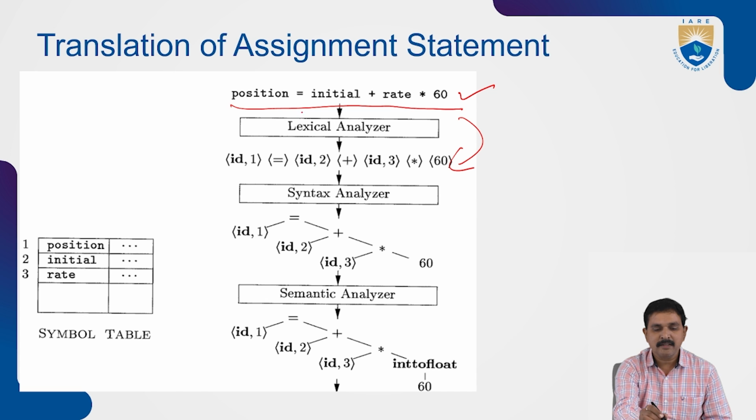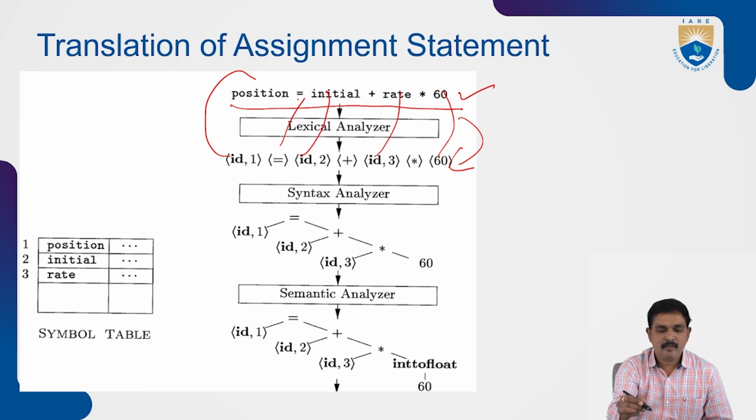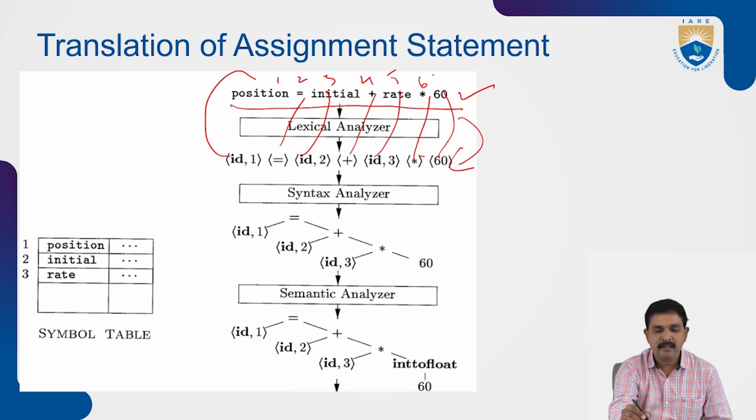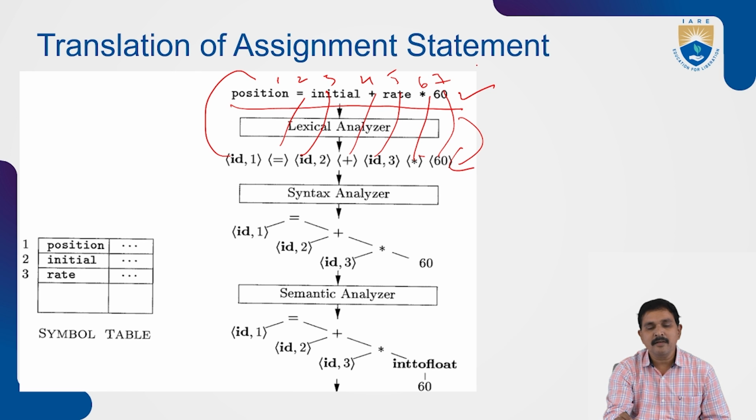This is the first identifier, this is the second identifier, this is the third identifier, this is the constant value, and these are the operators. Like that, you can recognize the number of individual lexemes or tokens: 1, 2, 3, 4, 5, 6, and 7. So in this particular statement, 7 tokens are identified by the lexical analyzer.